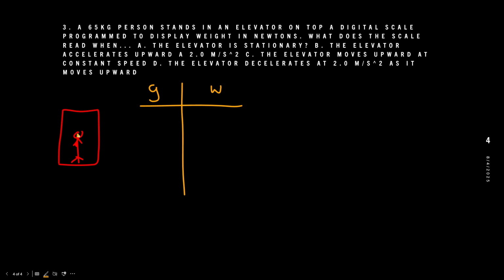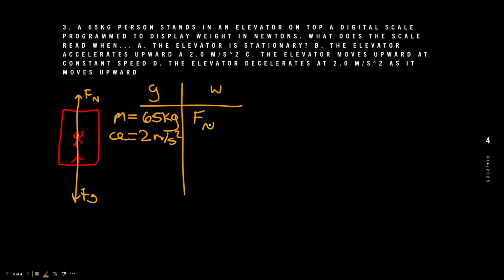Since it's slowing down, that means that the force of gravity would have to be greater than the normal force. So we could draw something like that. And then the mass would still be 65 kgs. And then a would just be positive 2 meters per second squared. And we still want to find the normal force.